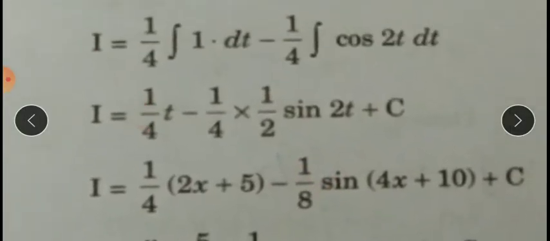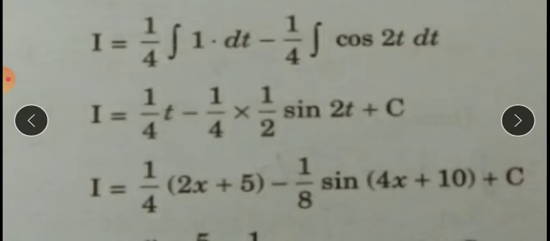Next, I is equal to integration 1 dt minus 1 upon 4 integration cos 2t. Here integration 1 means t, as we are integrating with respect to t, so I is equal to 1 upon 4 t minus 1 upon 4 integration cos 2t.